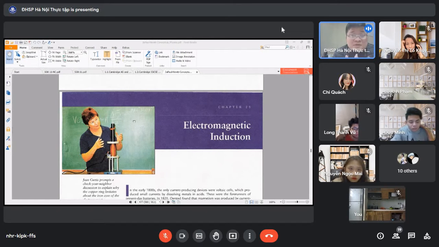We have an ammeter, we have a light bulb, something to indicate the existence of the current. And why is there a current in the circuit? Normally we need to find, hey, where is the battery? Where is the electrical source?